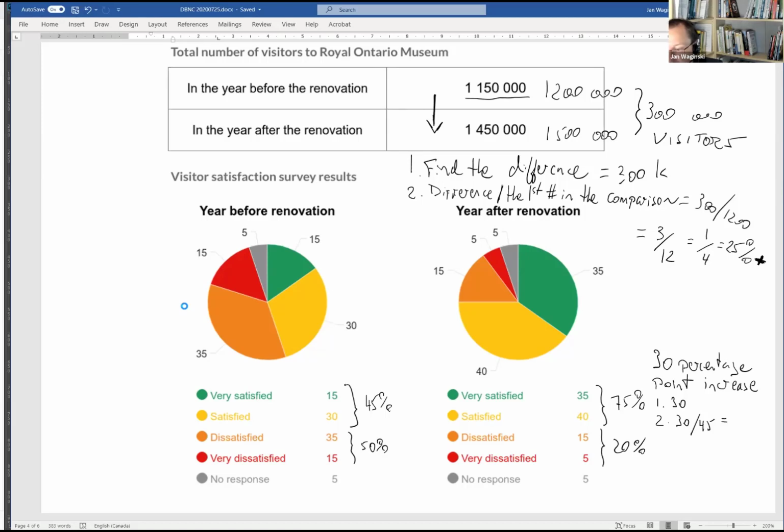But you know what, this is pretty easy math. So 30 over 45, how do we reduce that to the lowest common denominator? What number goes nicely into both 30 and 45? Okay, and if you divide both by 5, what's 30 divided by 5?